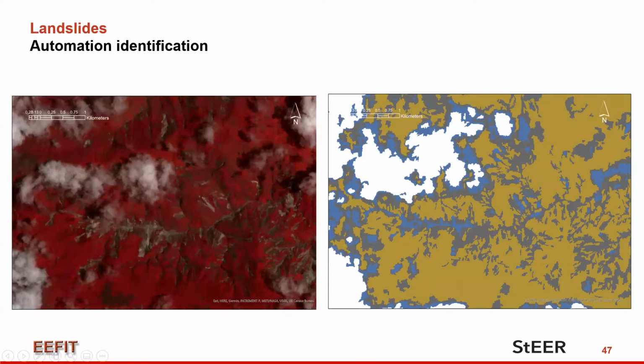On the left-hand side is an image trying to highlight the landslides of the same snapshot using near infrared to make the landslides stand out. And on the right-hand side, this is an automated process to classify the areas of the landslides, to identify them, and therefore be able to use it as a methodology to extract landslides for a wider period, for a wider area.